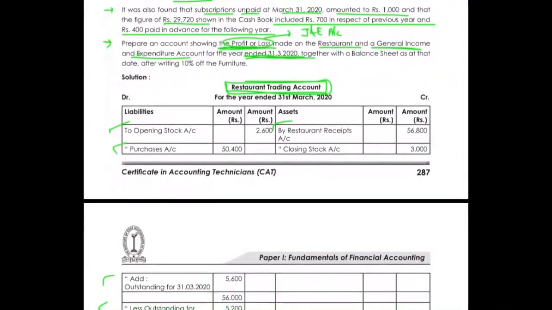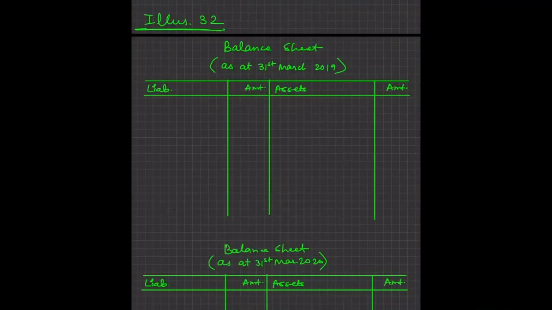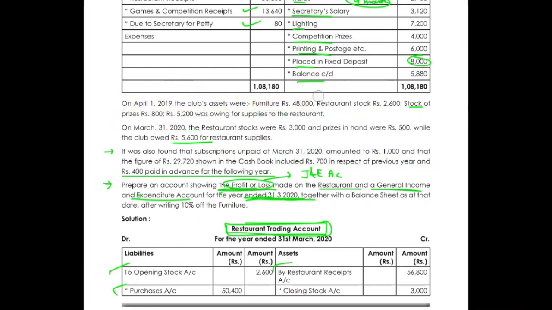So first figure they have given, we have a furniture of 48,000. So I will write down here furniture of 48,000. Okay. Then we have second, furniture is done. I will just rub the other information because that might create a confusion right now.